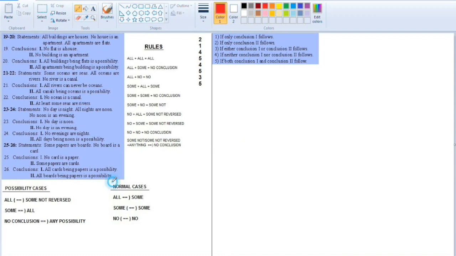Then we have to know this as well, this one for normal cases. For normal cases, suppose some A is B, we can write it as some B is A. That means it can be reversed.